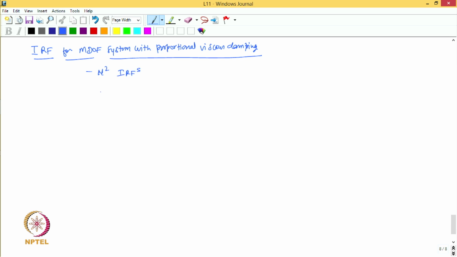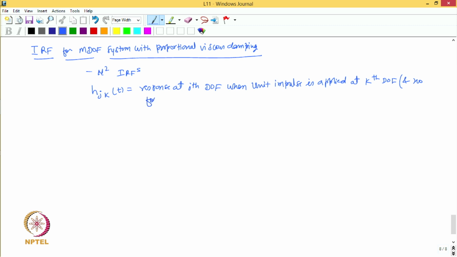I can choose, let us say, the response at the jth degree of freedom, and the unit impulse applied at the kth degree of freedom. This is nothing but the impulse response function. This impulse response is the response at the jth degree of freedom when a unit impulse is applied at the kth degree of freedom and no forces at the rest of the degrees of freedom.